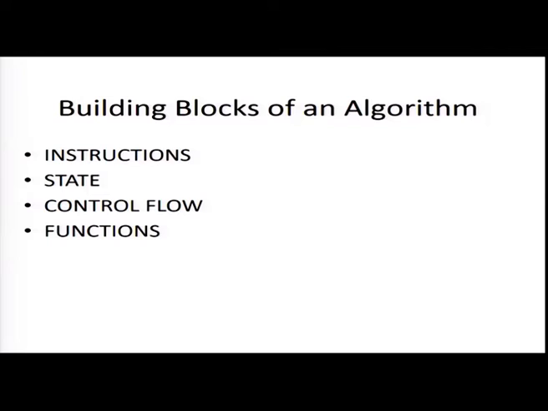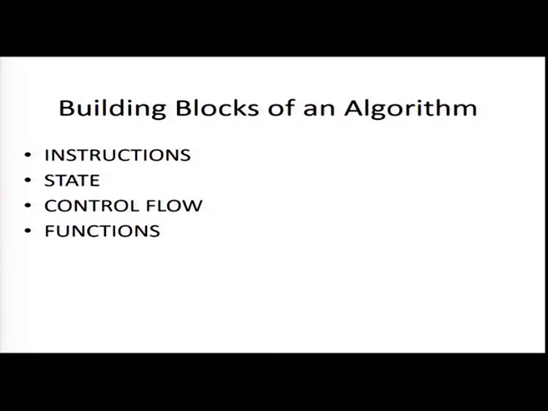So my dear students, these are the characteristics of a good algorithm. I repeat, the characteristics of a good algorithm are precision, uniqueness, finiteness, effectiveness, input, output and generality. These 7 points specify the good characteristics of an algorithm. Then next is about the building blocks of an algorithm.